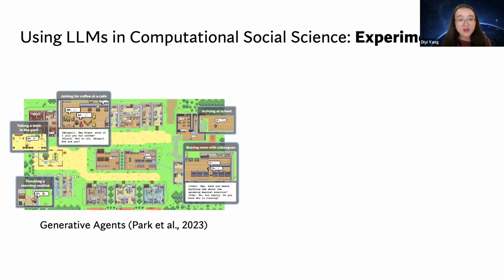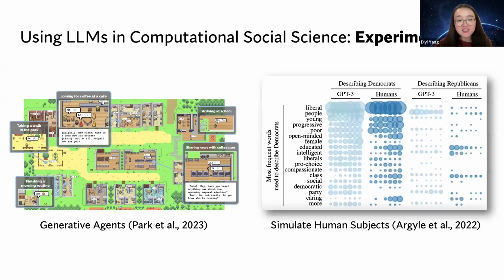You can also think about large language models from an experimentation perspective. You can use it to study emerging social behaviors, or even generate a synthetic data set of large language model generated responses in what people call a humanless pilot experiment. So on the left part, this is a very popular study around generative agents.